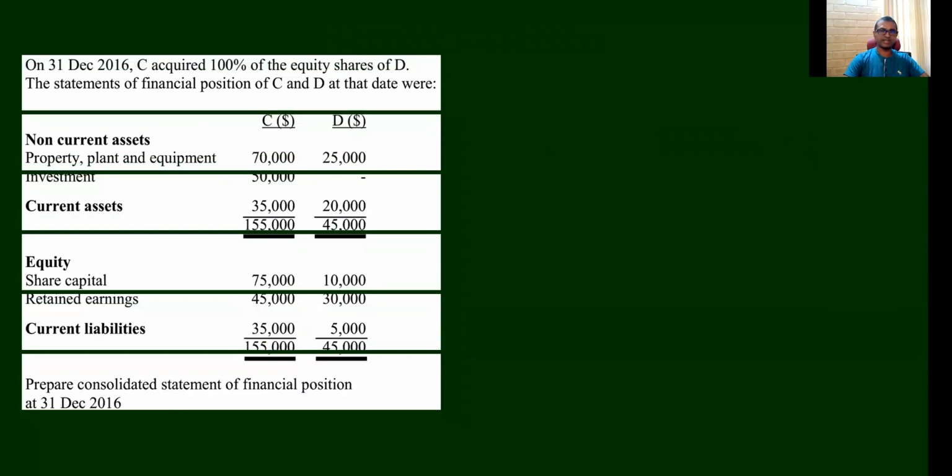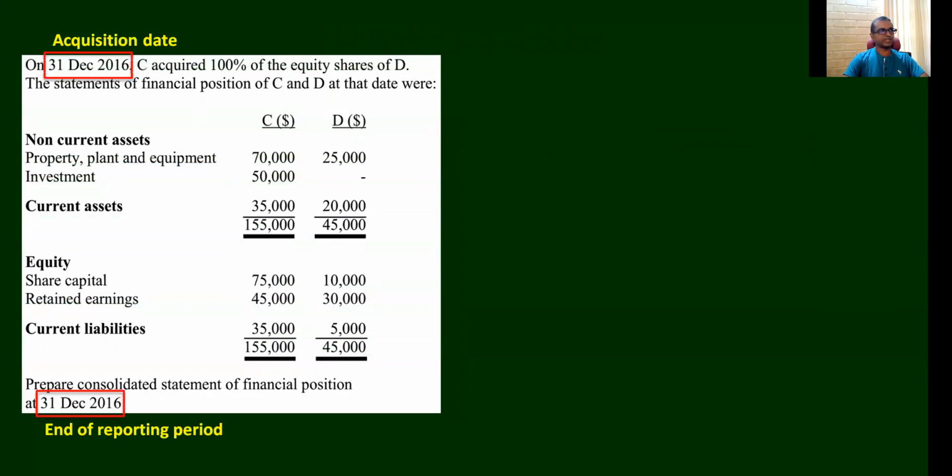So same example here. Acquisition date, end of reporting period. Same date, 31st December 2016. There will be questions, future coming, right? Acquisition date different, end of reporting period different. For simplicity, in the beginning, we are taking both dates same.